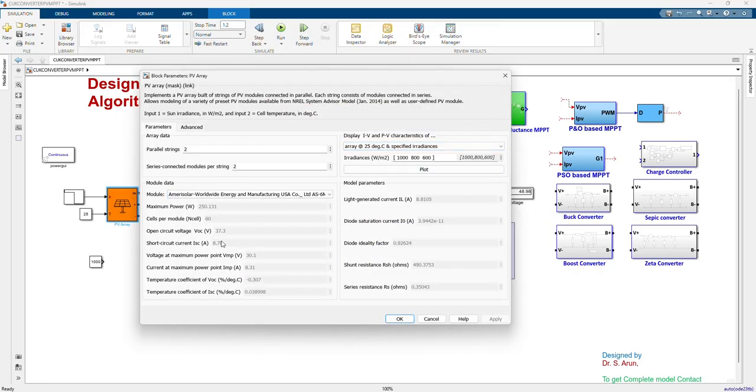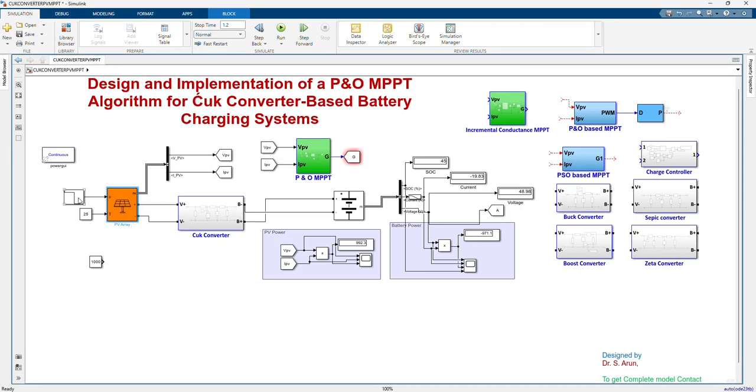So therefore we understand that the maximum power for a single panel is equal to 250 watts. The open circuit voltage is 37.3 and the short circuit current is equal to 8.78. The voltage at the maximum power point of a single panel is nearly equal to 30.1. I hope you understand. So we give irradiance levels of 1000, 800, 600.